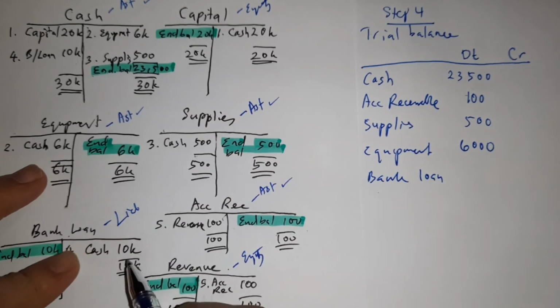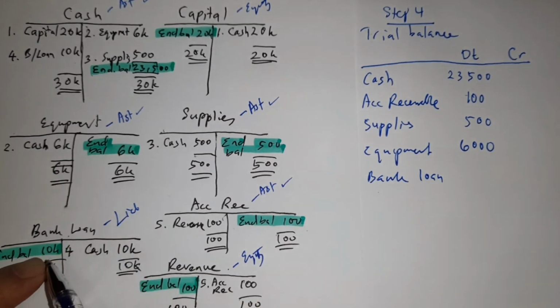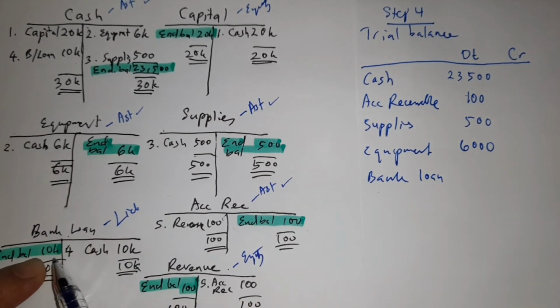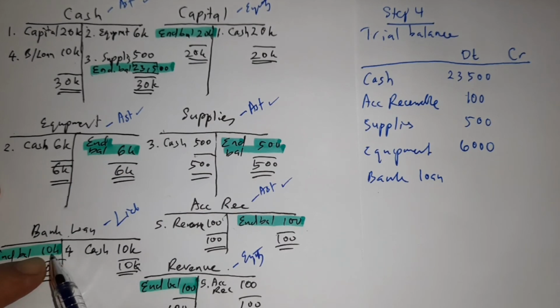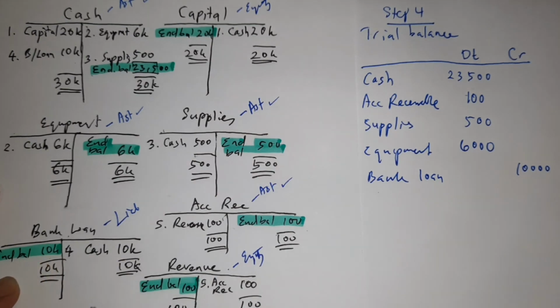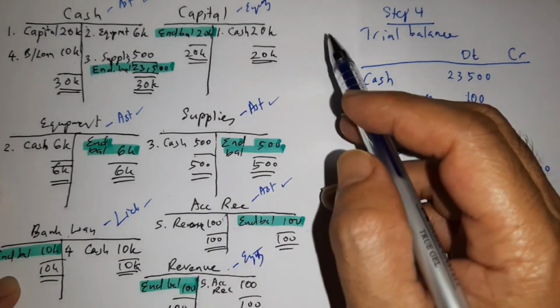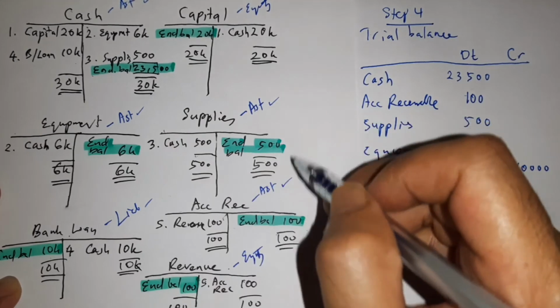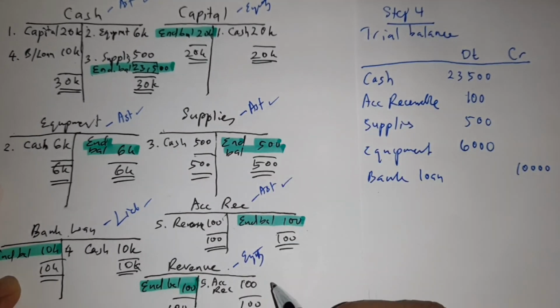Okay, bank loan, see here, the ending balance is 10,000, and the balance is in the debit side. So when it is in the debit side in the account, you have to show it in the credit side in the trial balance. So bank loan $10,000. Okay, so you tick this one, make sure you transferred everything.